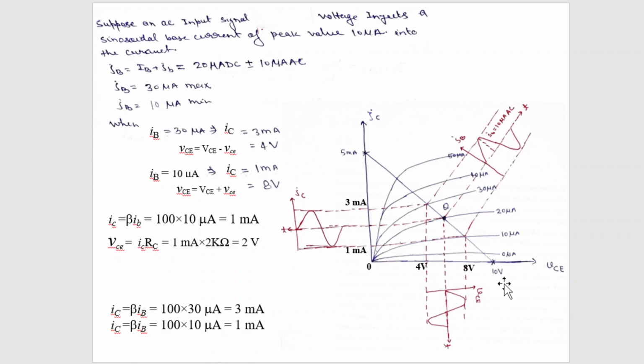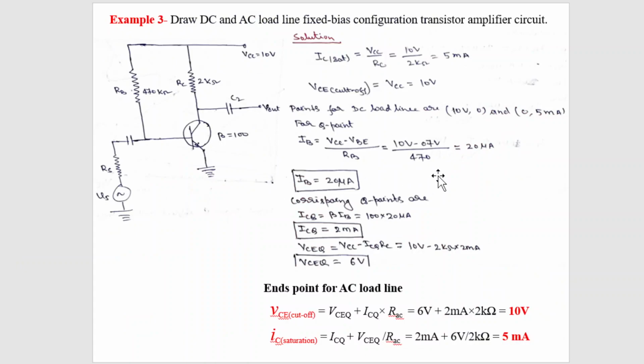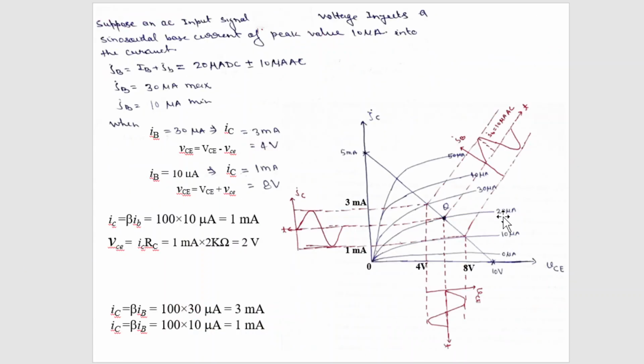Let us say this is the base current axis: 0 microampere, 10 microampere, 20 microampere, 30, 40, 50. This current corresponds to the purely DC base current. We have given a 20 microampere current, and this 20 microampere current corresponds to the Q point.